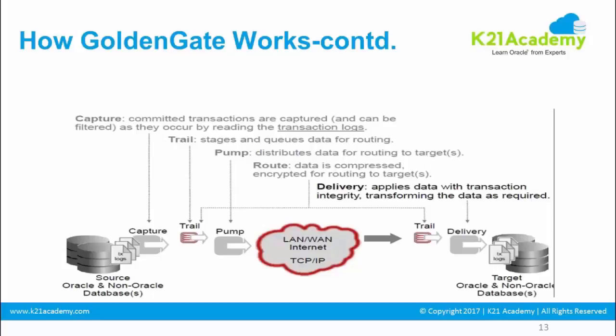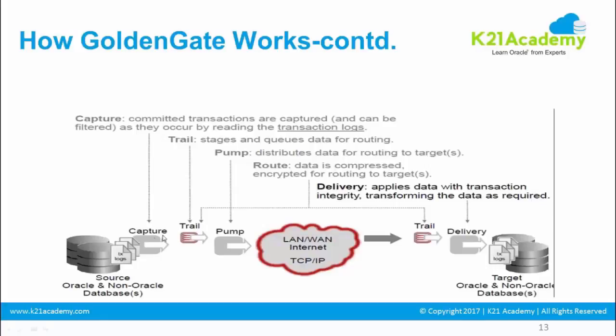So every database has its own transaction logs where the changes are stored. In Oracle, we call these transaction logs redo logs, or backup of redo logs, which are known as archive logs. So you create a GoldenGate capture process which reads the transaction logs in sequential manner and captures only the committed transactions.